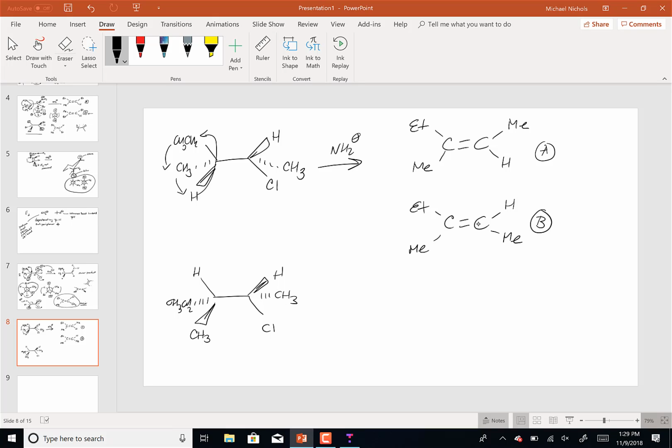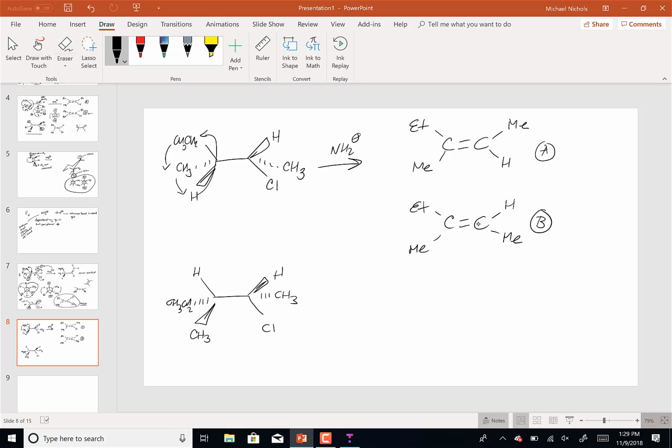That's a true statement. In this case, I guess the ethyl group would want to be cis to hydrogen versus being cis to a methyl group. But the stability of the product has nothing to do with whether it's the major product in E2.